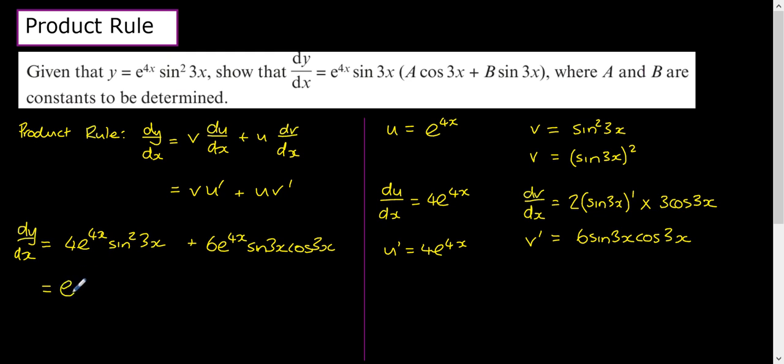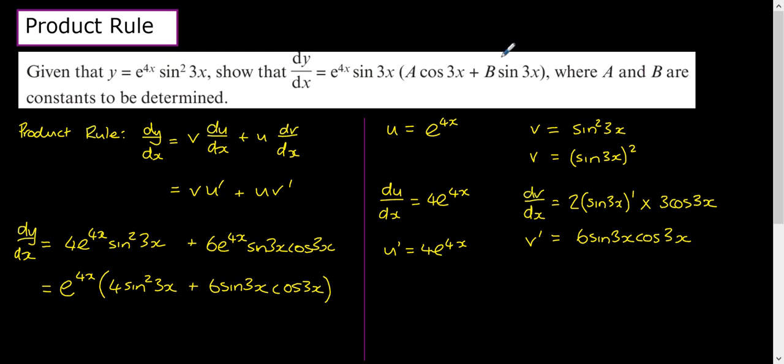So we'll take out e to the 4x, and we'll multiply and find out what was in the bracket. So how do we turn e to the 4x into 4e to the 4x sine squared 3x? Well, we multiply by 4 sine squared 3x. How do we turn e to the 4x into this term? We multiply by 6 sine 3x cos 3x.